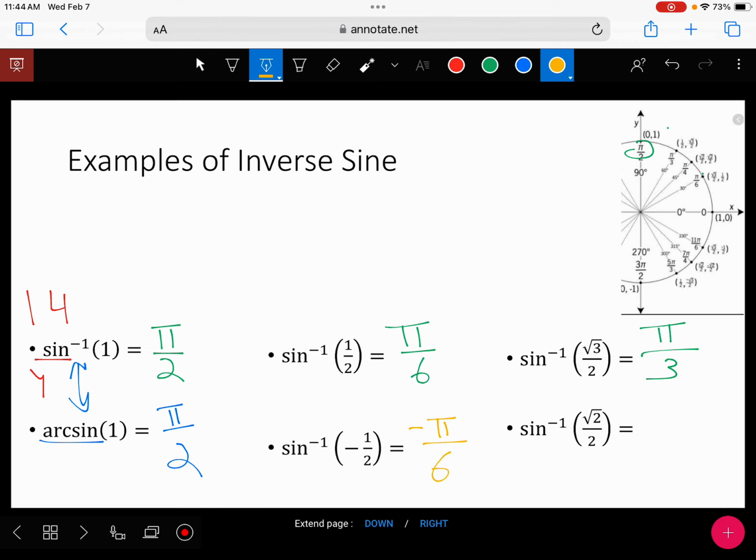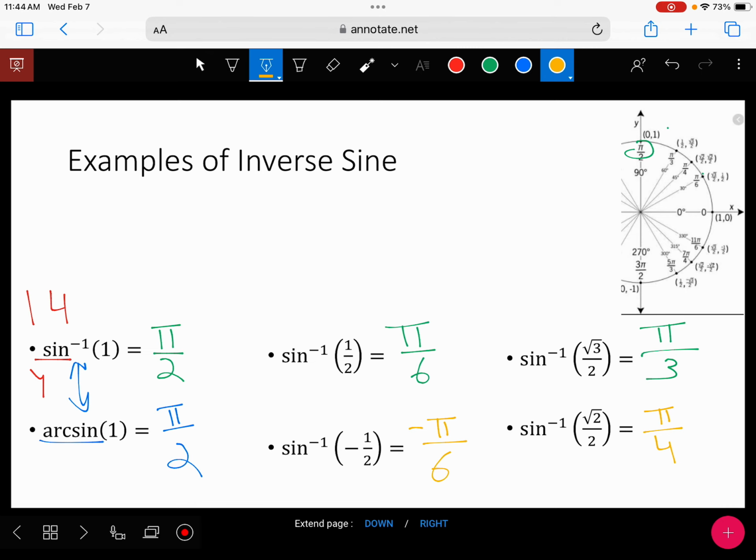What do we get for inverse sine of root 2 over 2? Thanks for asking. Yep. So first thing I'm thinking, inverse sine, I'm looking at quadrants 1 and 4. Sine is going to be the y coordinate.